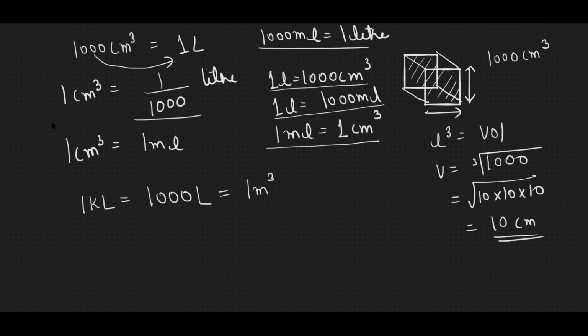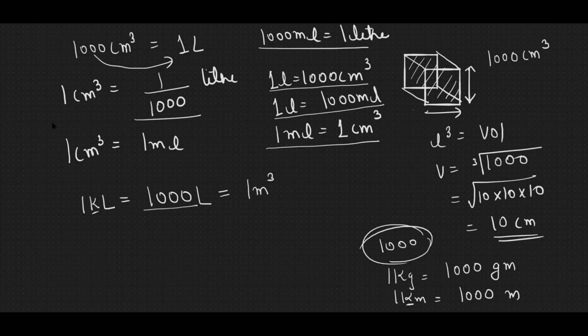So K stands for 1000 basically. For example, 1 kg has 1000 grams, or 1 kilometer equals 1000 meters. So this K represents 1000. So 1 kiloliter equals 1000 liters and equals 1 meter cube.